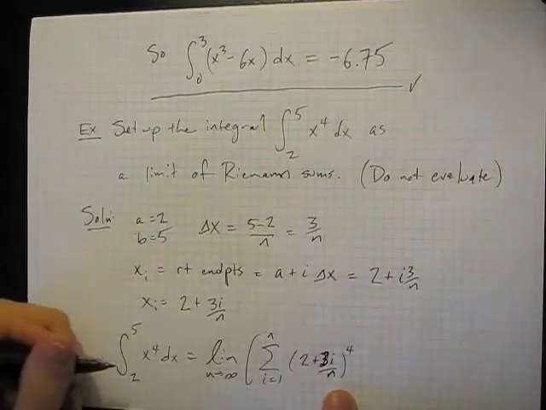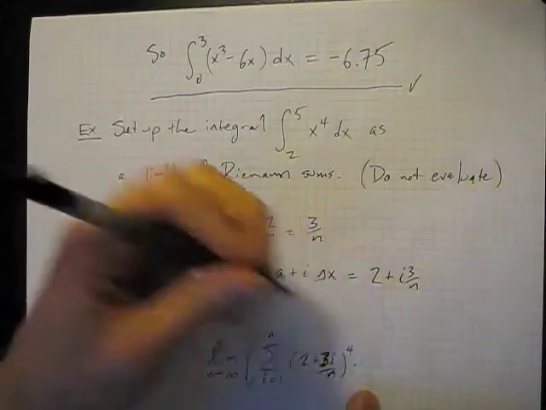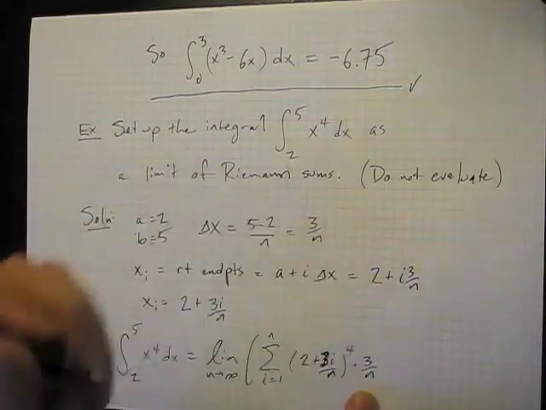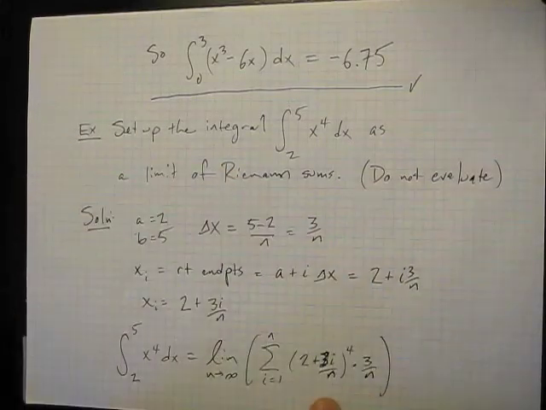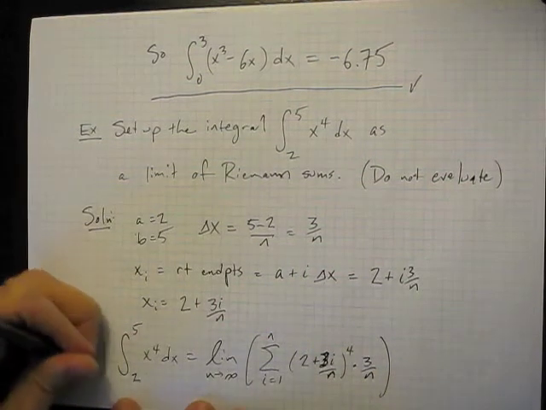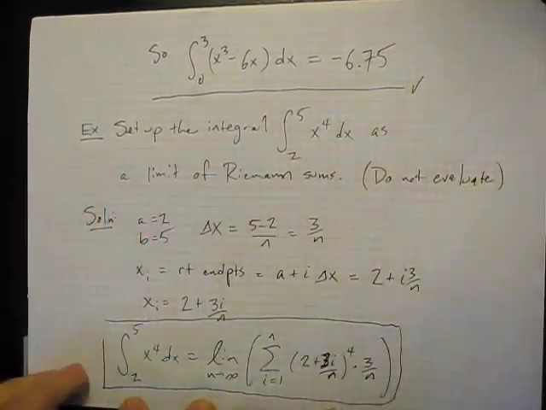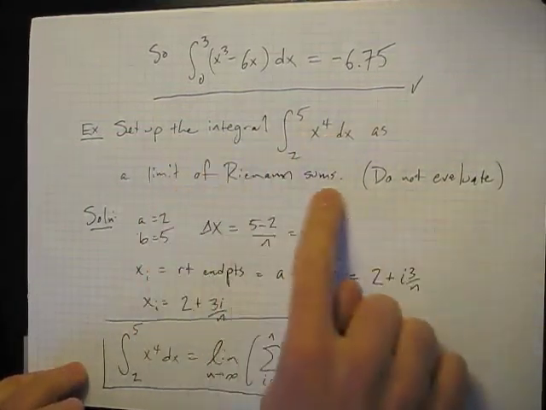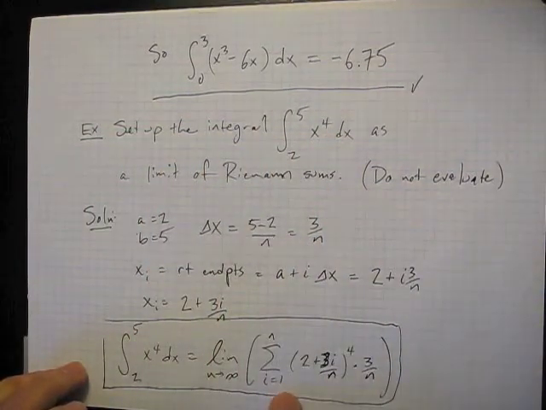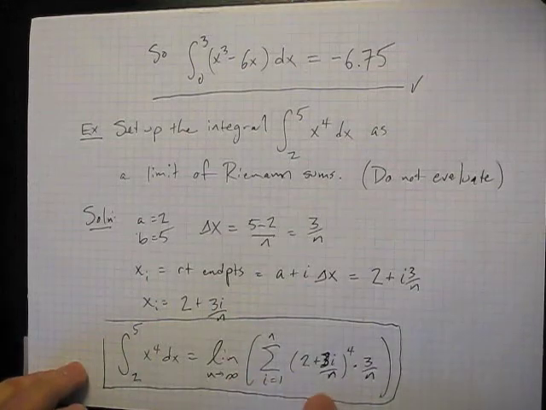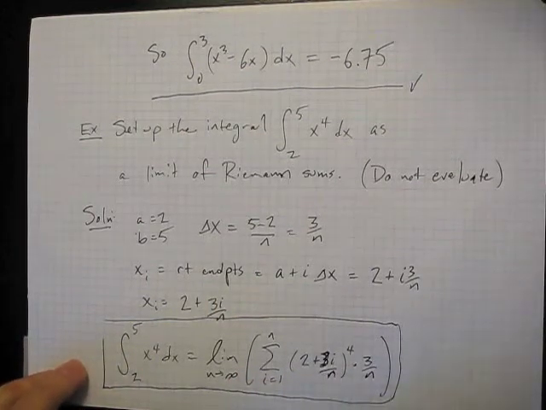Sorry about my bad penmanship here. And then we multiply that by 3 over n. And this is all there is to it. This is the answer. Okay. All this question asked for us to do was to set up the integral as a limit of Riemann sums. We did not evaluate it. So if we wanted to, we could evaluate it, but we're not going to. This is the answer to this.